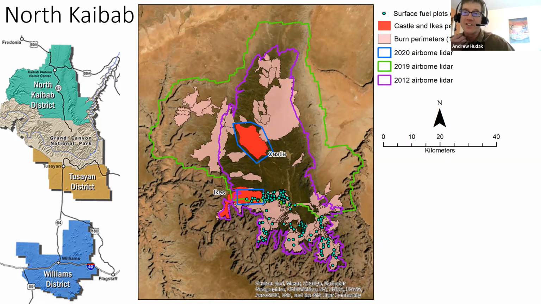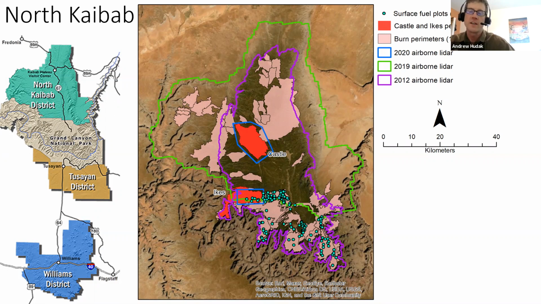We only got the 2019 data delivered a few months ago. It was hung up in QA/QC a long time with USGS. The plot data date back to, I think, 20 years ago or so, so the 2012 LiDAR collection will also come in handy, because we want to relate the field measurements on the ground as closely as possible to the LiDAR collection date to get better fitting models.